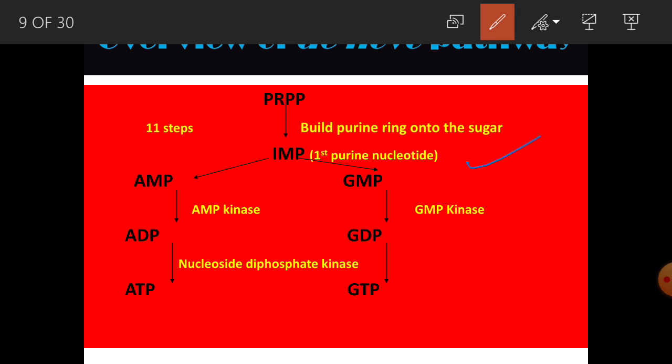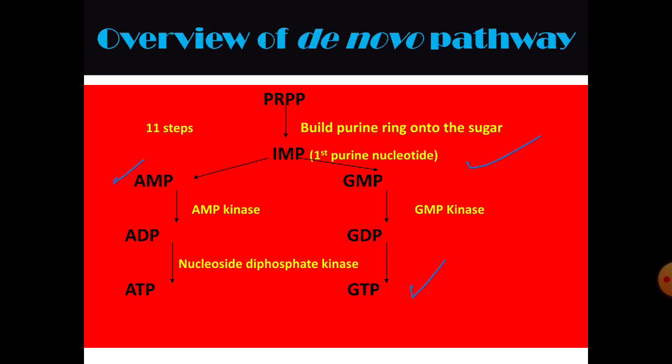In one pathway we obtain AMP, that is adenosine monophosphate, from which ADP and ATP are obtained by AMP kinase and nucleoside diphosphate kinase respectively, and in another pathway we obtain GTP. So, this is the overview of the first pathway of purine synthesis, the de novo pathway.